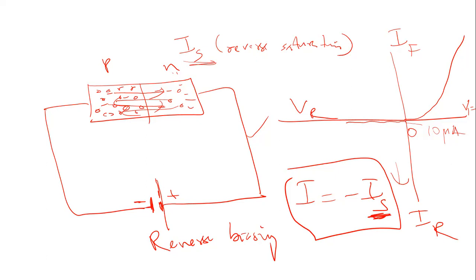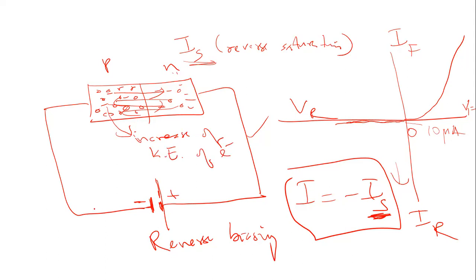Now, if you continue increasing the reverse voltage, even though the quantity of minority electrons and holes cannot increase, the increase of reverse voltage will result in acceleration, or increase of kinetic energy, of electrons.